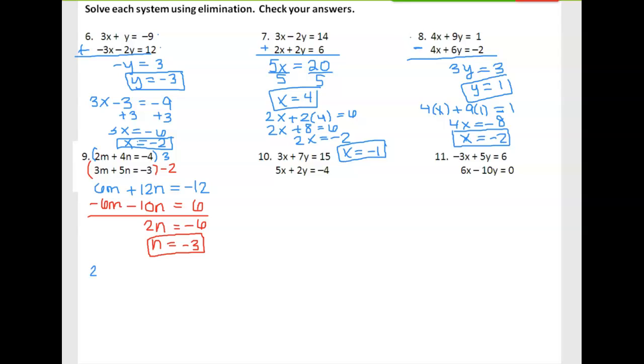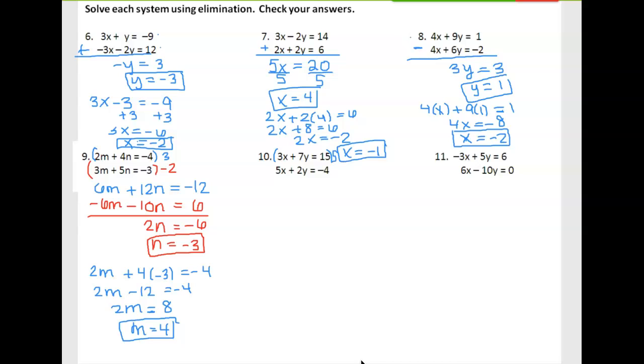So you get 2m plus 4 times negative 3 equals negative 4. And then you get 2m minus 12. And then you're going to add 12. So you get 8. Divide by 2.